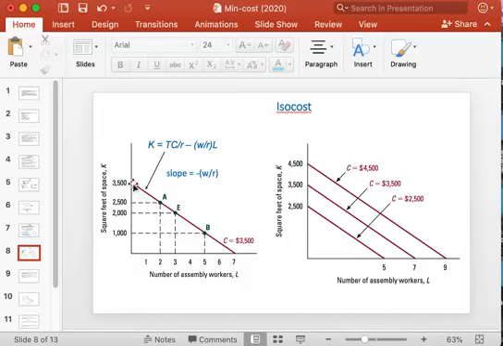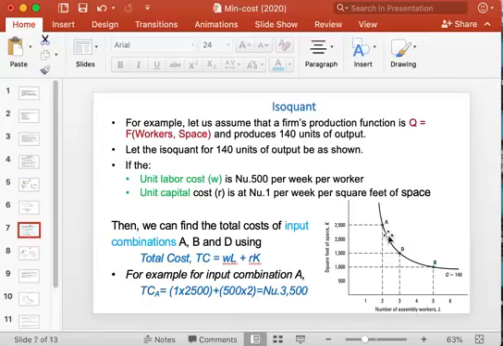So this isocost line is nothing but a line along which the total cost is constant. Anywhere on this line, the total cost is constant. And similarly for the isoquant line, anywhere along this line the quantity of output is 140 units. I forgot to tell you this.